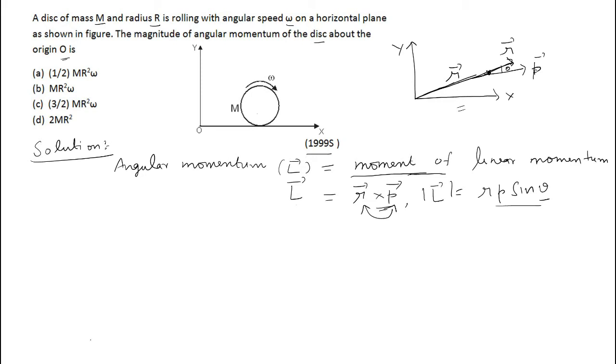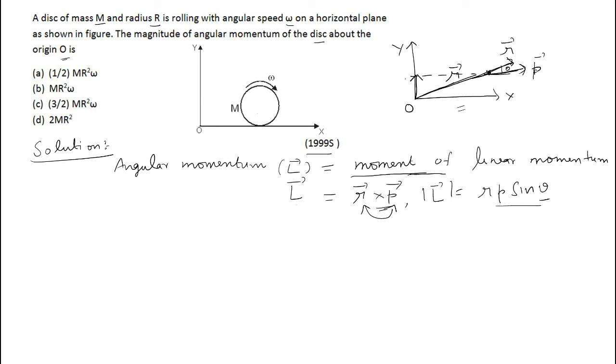What we can do, you extend the momentum vector backward. Let's say this is a momentum vector. We extend the momentum vector backward, and from the origin you draw the perpendicular distance to the momentum vector.